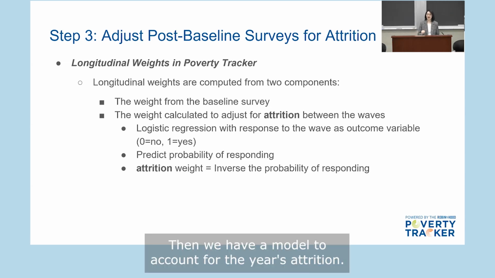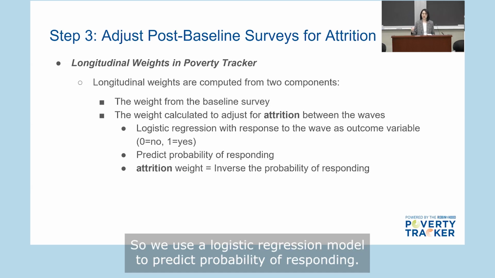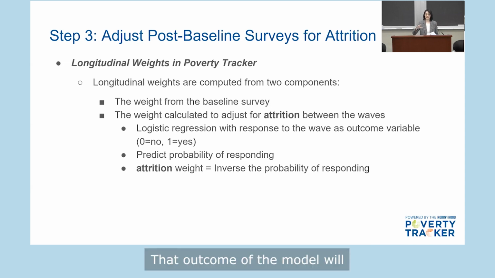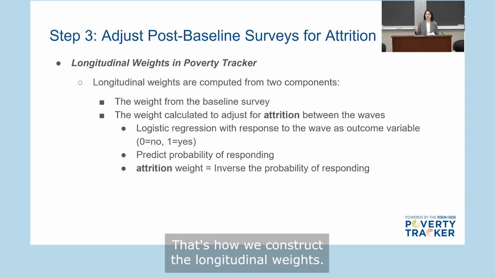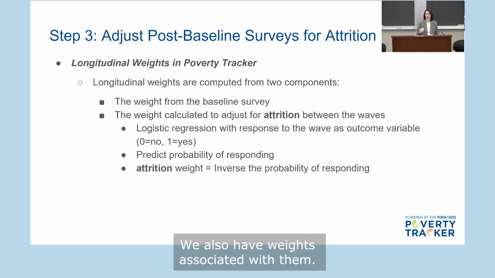And then we have a model to account for attrition over the years. So we use a logistic regression model to predict the probability of responding, and the outcome of the model will be used as the attrition weight. So that's how we construct the longitudinal weights. So you will see not only the weights for the baseline, but also for the following waves, we also have weights associated with them.